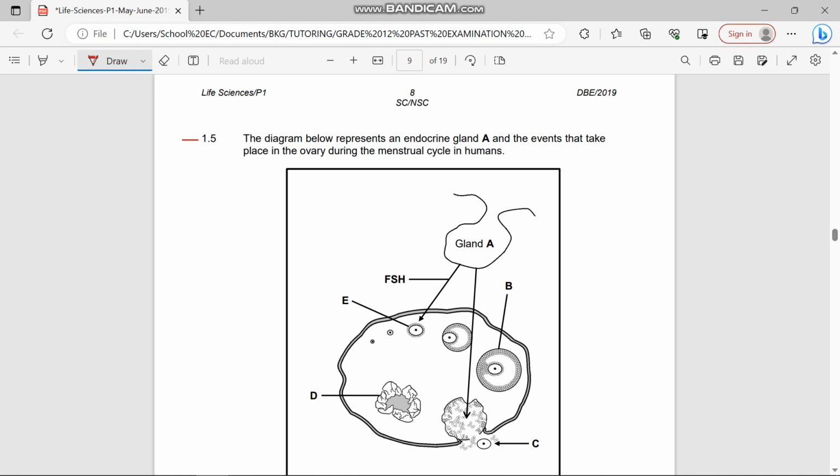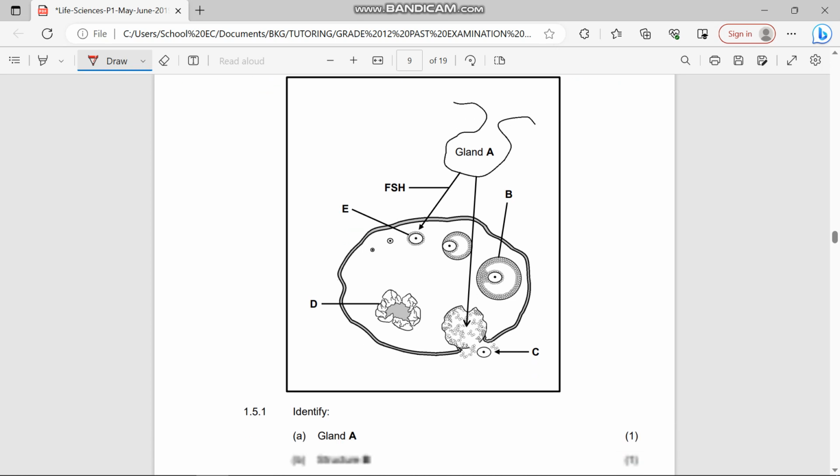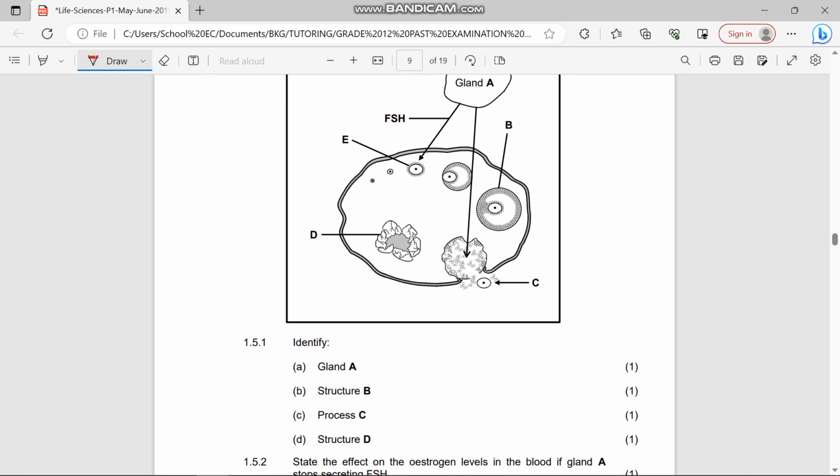This is a sort of ovarian cycle. As you can see in the diagram, we have gland A, part B, C, D, as well as structure E.